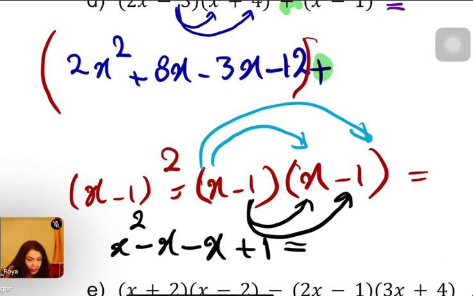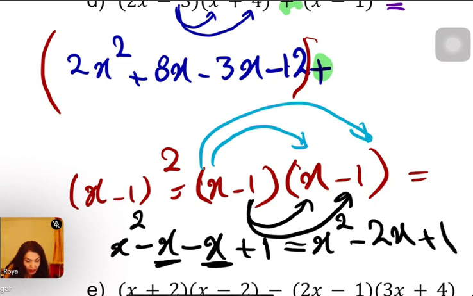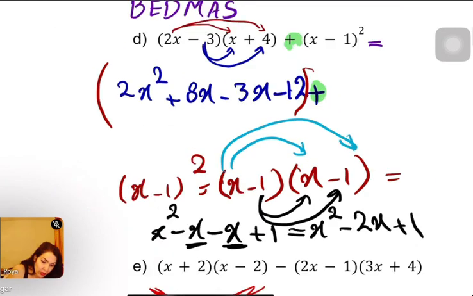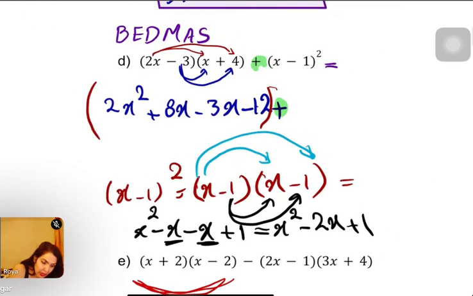And these two are the same, so it's going to be x squared minus 2x plus 1. Okay. So here, instead of x minus 1 to the power of 2, you can write x squared minus 2x plus 1.